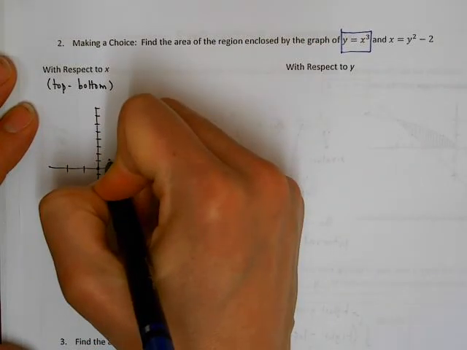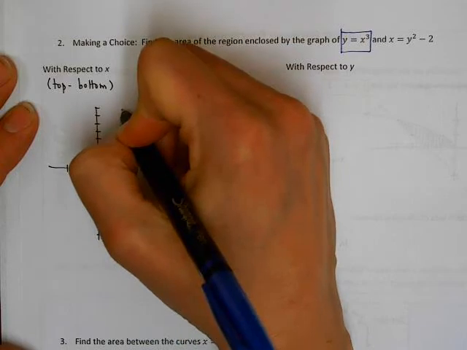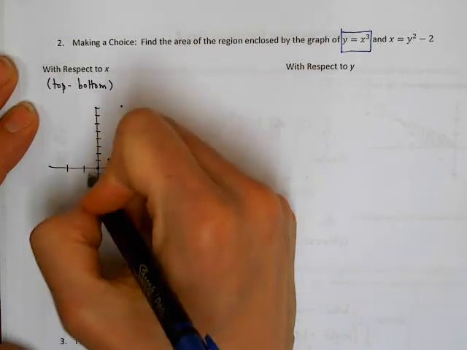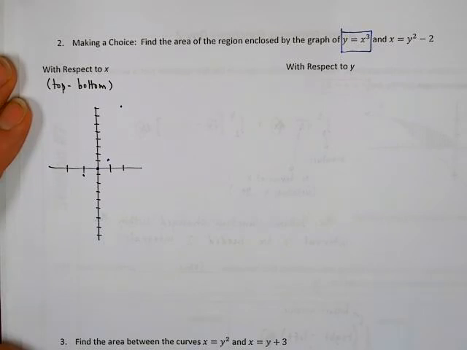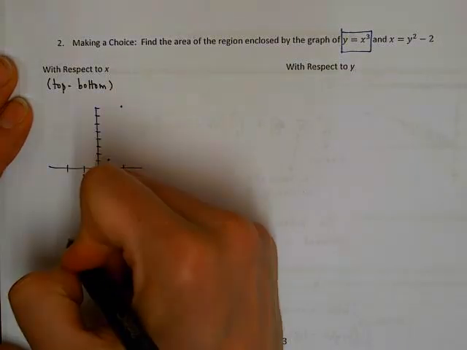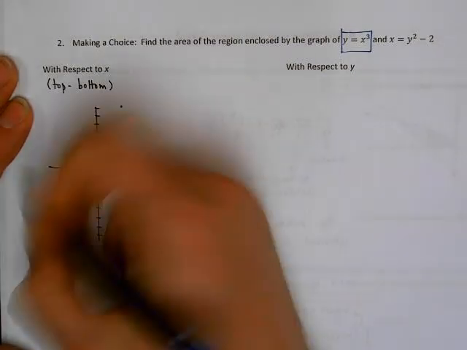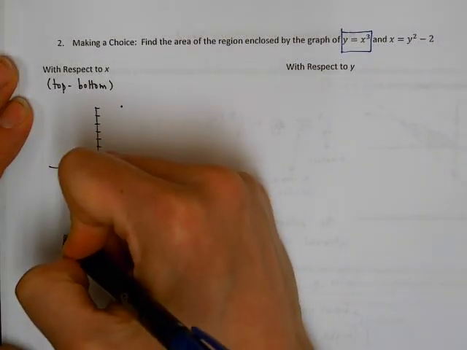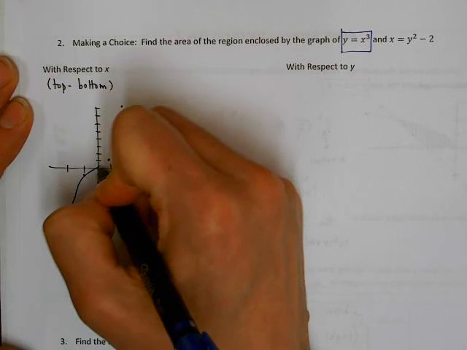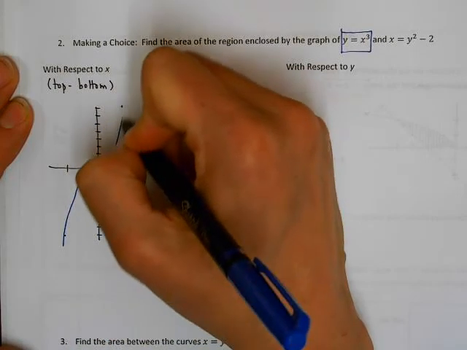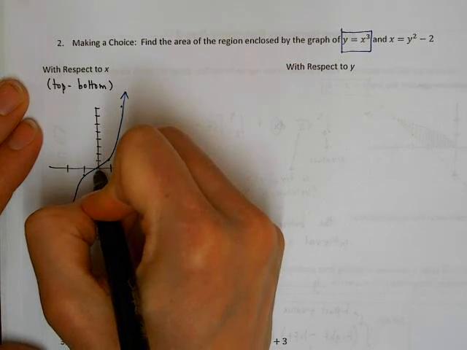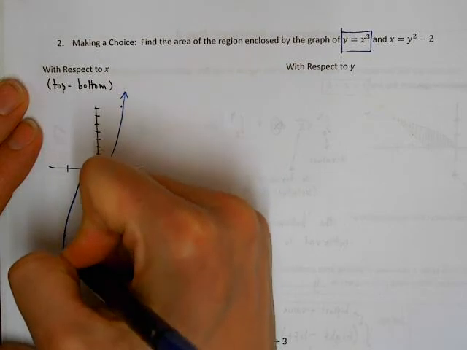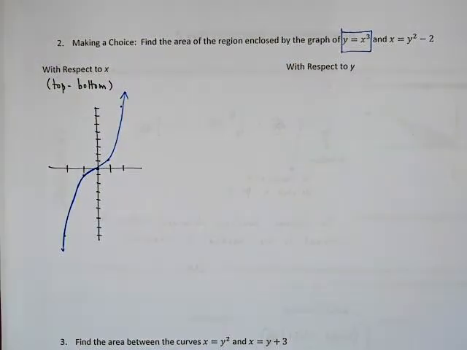I'm going to have 1, 1, and then 2, 8. And then negative 1, negative 1, and negative 2, negative 8. So I know it looks something like, oh boy, not the smoothest graph, but I get the idea. All right, so there's my y equals x cubed.